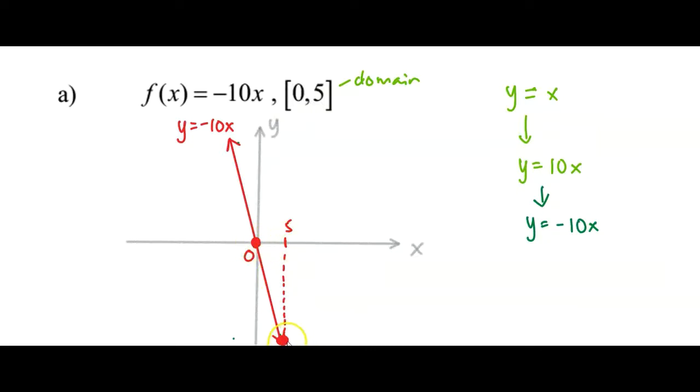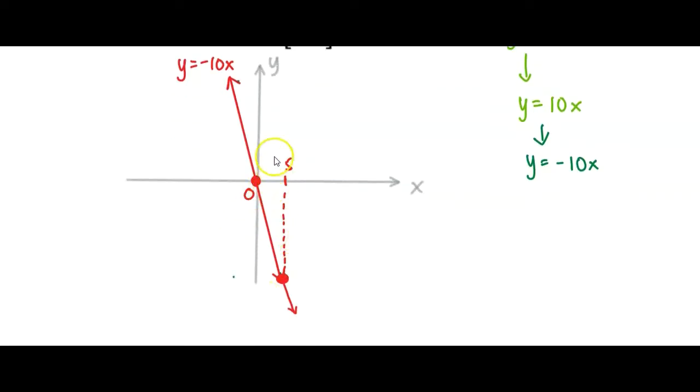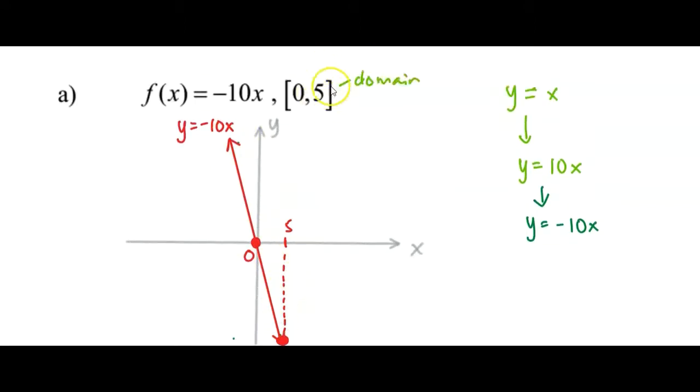Why am I using the dent circle? Because both of the 0 and 5 values are included, because here is a closed bracket. This bracket means that it includes the value of 0, and the x also includes the value of 5. So I'm using the dent circle to cut it into the 3 parts: the first part, second part, and the third part.